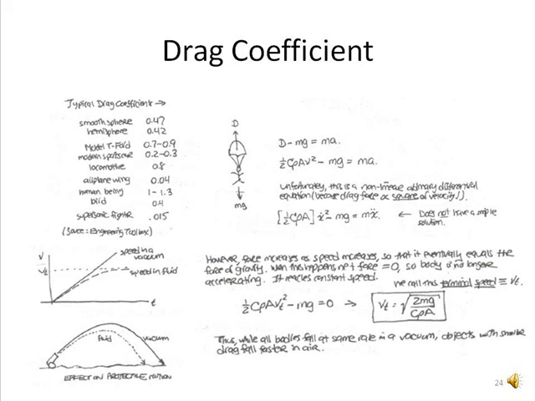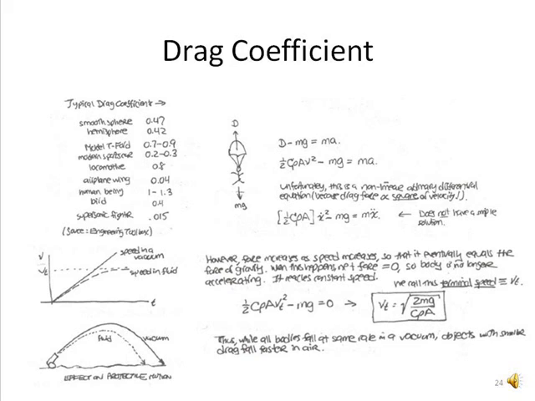Now, in terms of the terminal velocity, we can find that by setting these two sides of the equation equal to 0. When the drag force is exactly equal and opposed to the weight, then the net force on the parachutist is 0.